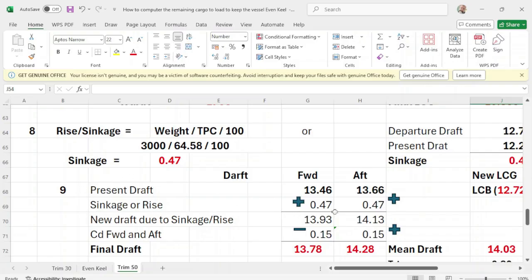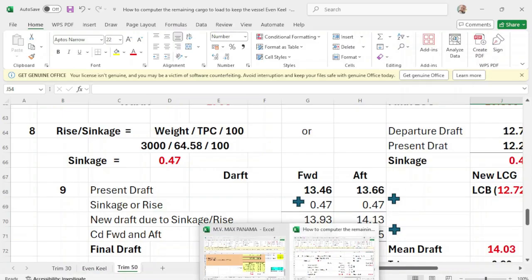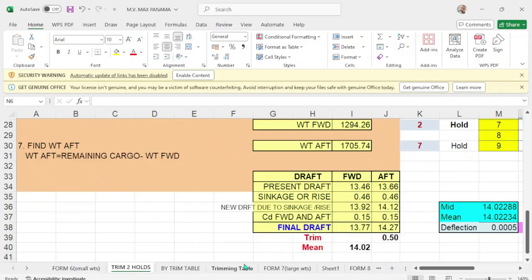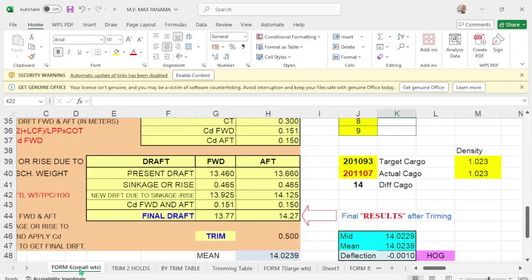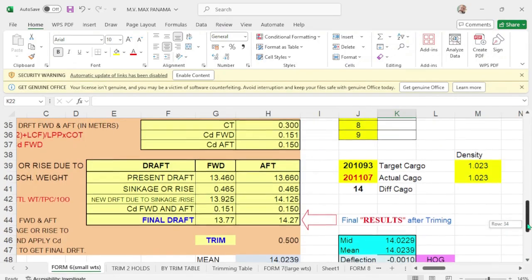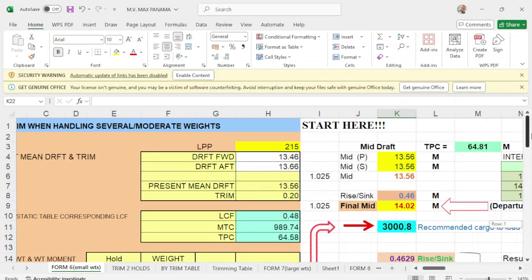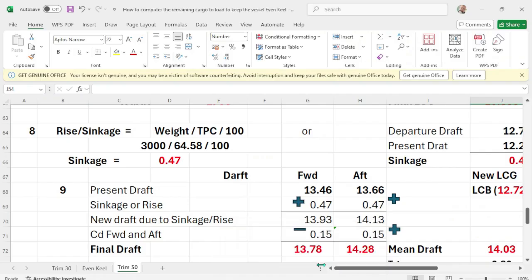Oh, sinkage is 47 centimeters, which is this one. That should be 46. Sinkage should be 46. And the formula for getting the sinkage is this one.